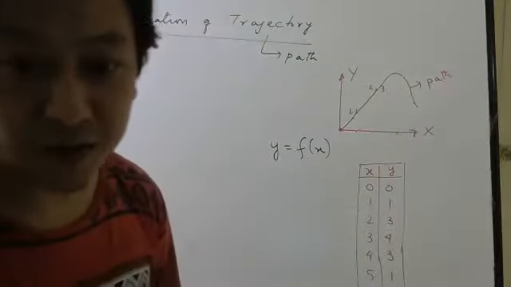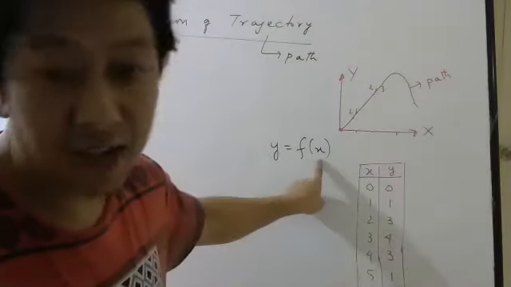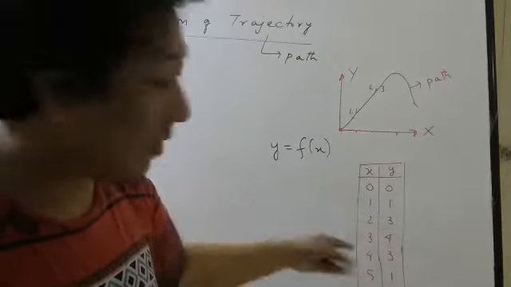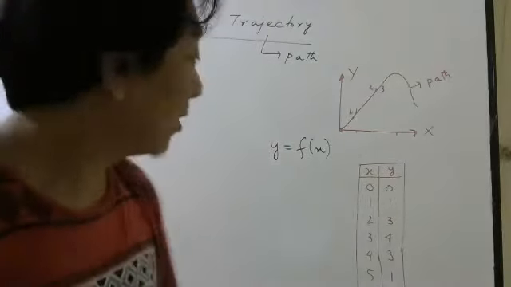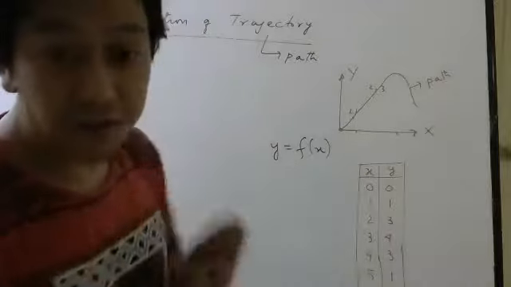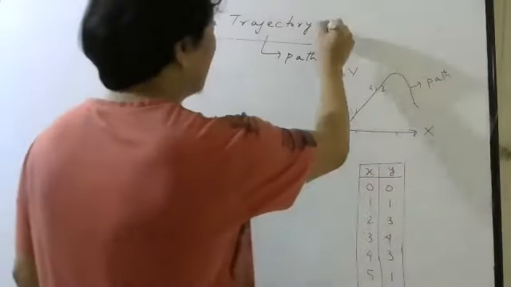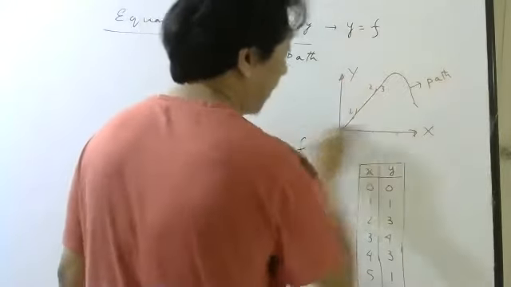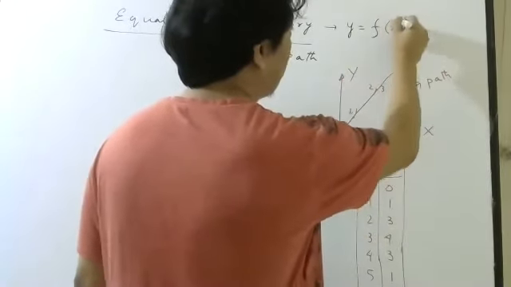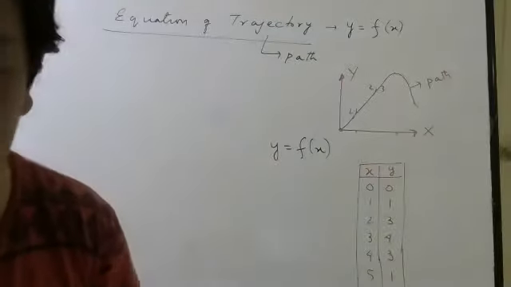Once you know the formula, you can find the coordinates and then join the points. So please remember, equation of trajectory means you have to find y coordinate as a function of x coordinate.